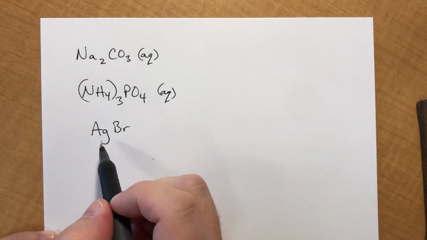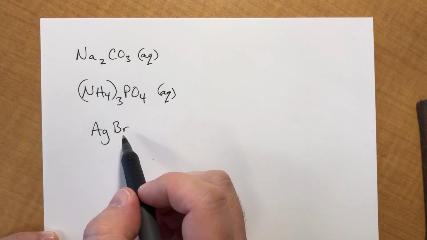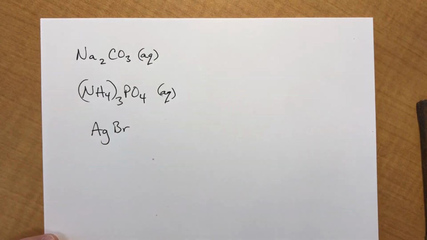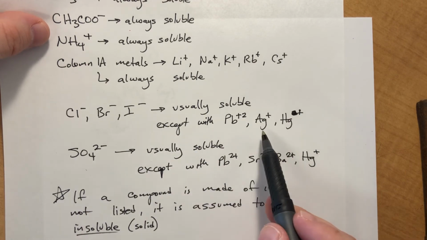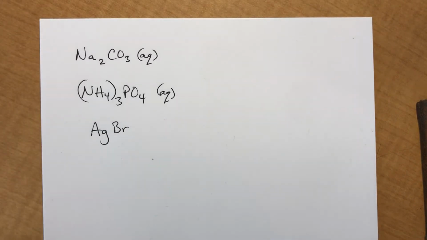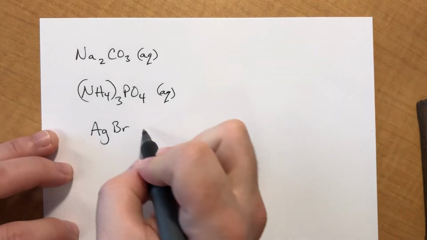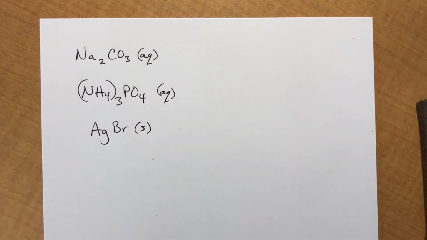Bromine is usually soluble, but silver is one of the exceptions. So because silver is the exception, this thing would not dissolve. It would stay solid. It wouldn't dissolve at all.